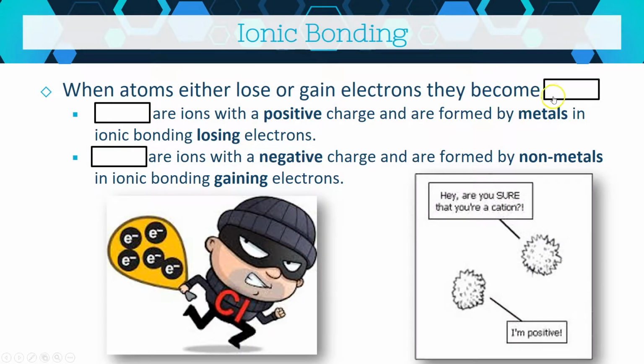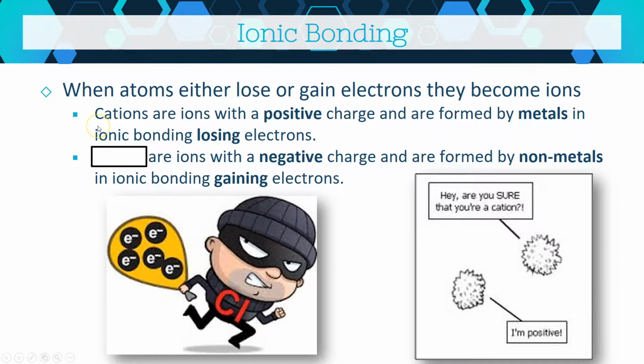Now, just going into this in more detail, remember that when atoms either lose or gain electrons, they become ions. We have a couple of specific names for our two different types of ions, depending on whether it's a positive or negative charge that they have. So if an atom loses an electron and forms a positively charged ion, like our metals do, this is known as a cation.